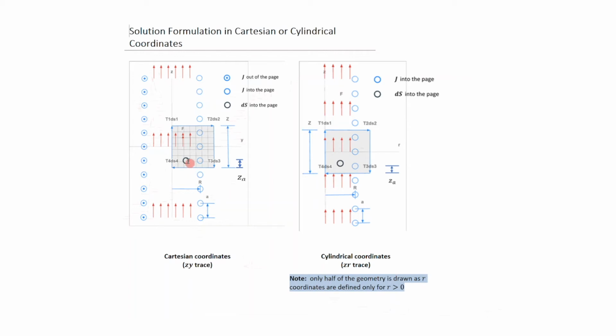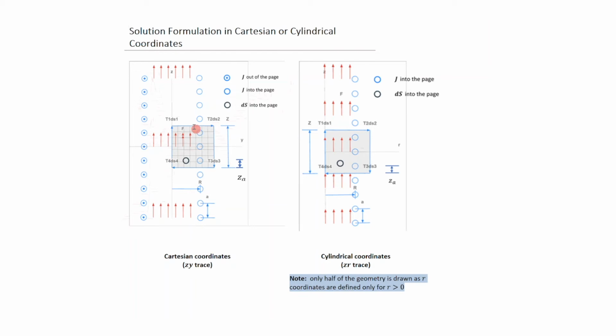We've chosen the contour to be this one here. Why have we done that? First of all, we know that the current here is going into the page, so we've chosen the area vector also to be into the page. Therefore, by the right-hand rule, the field on the inside will be pointing upwards, and the tangent vector will be going in a clockwise direction.